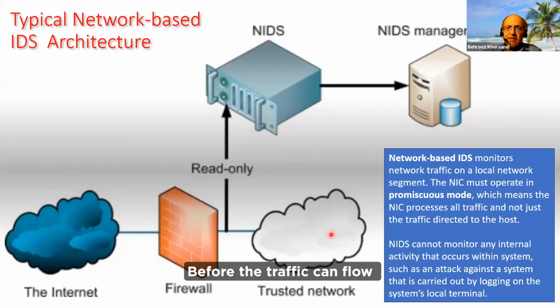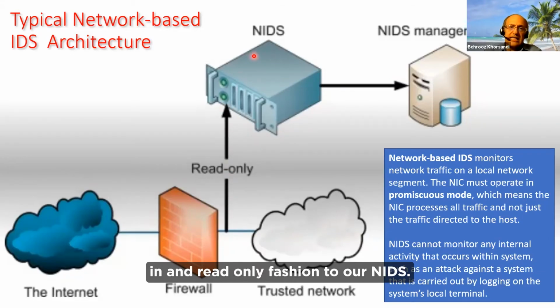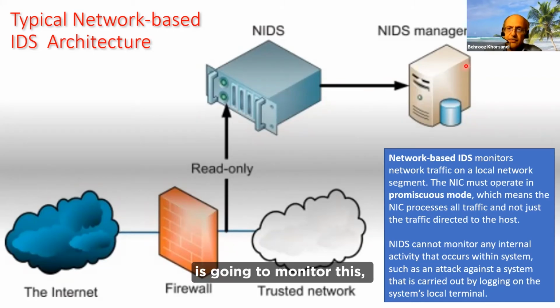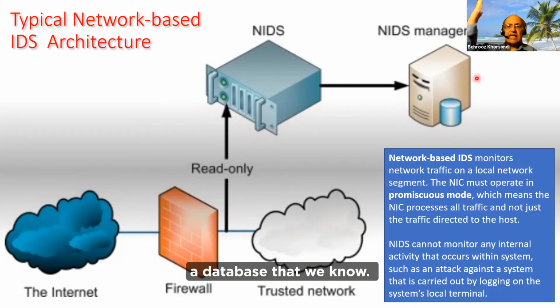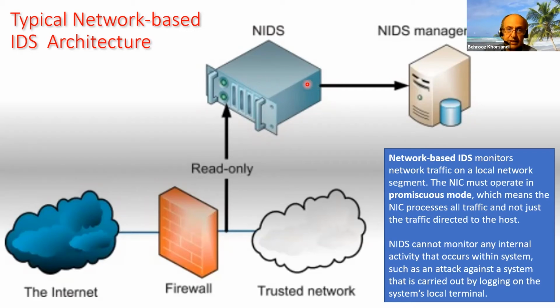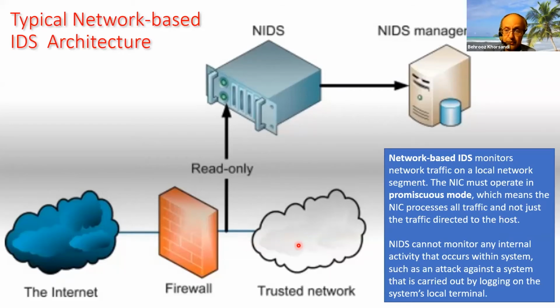Before the traffic can flow to our trusted network, traffic flows in a read-only fashion to our NIDS. Our network intrusion detection system is going to monitor this, and through the databases that are defined in our NIDS management system, we compare it against a database that we know. And if everything looks kosher and clean, then the data can be funneled back to the trusted network.